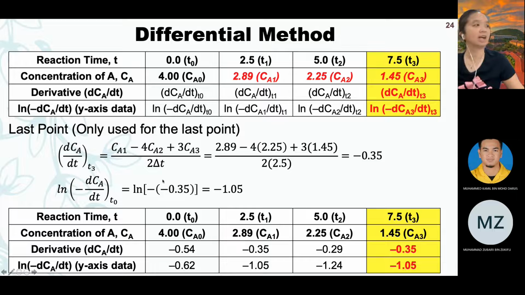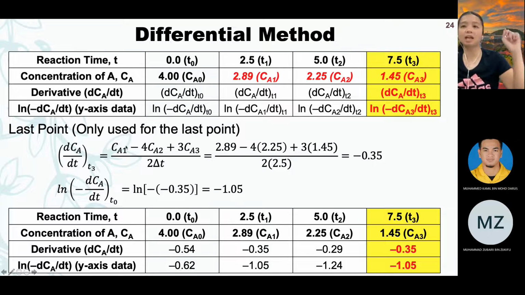Okay, so let me give you an example of calculation. You want to calculate the very last dCA per dt. So kamu tengok dulu 3 kepekatan terbawah. So you just substitute, follow the sequence. So become 2.89 minus 4 times 2.25 plus 3 times 1.45.